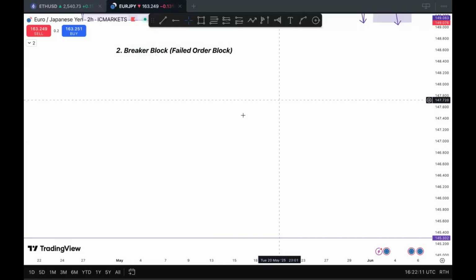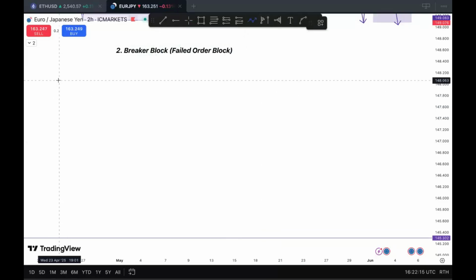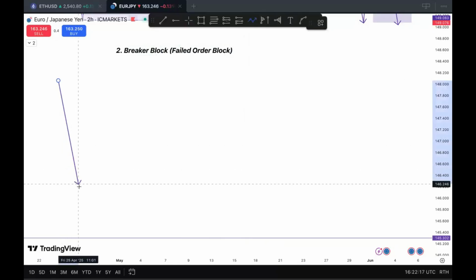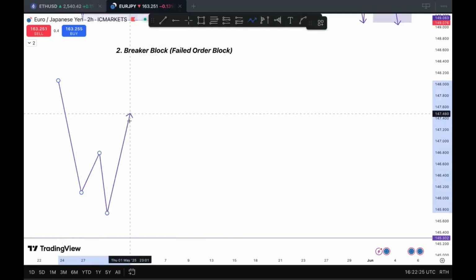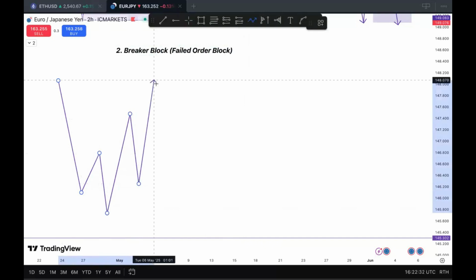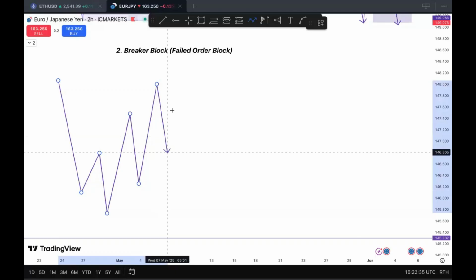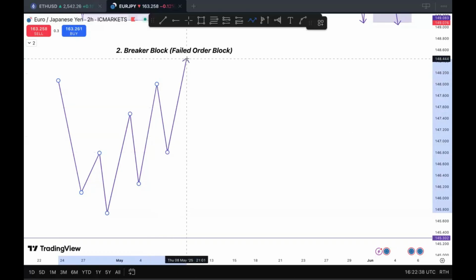So for the breaker block or failed order block, let's assume we have structure. Our structure: sweep, break of structure, remember, sweep, transactional liquidity, structural liquidity, market structure shift, we have market still moving upward.